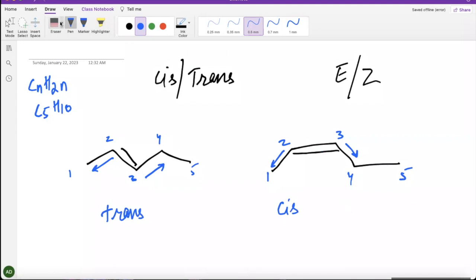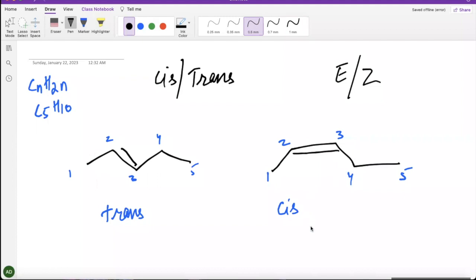Okay, so let me remove all the arrows from here so that it's less confusing. Again, the idea is that when this carbon is going down and this carbon is going up, that's trans. This carbon going down and this carbon going down as well is cis. Why are we dealing only with this carbon and this carbon, and also this carbon and this carbon?